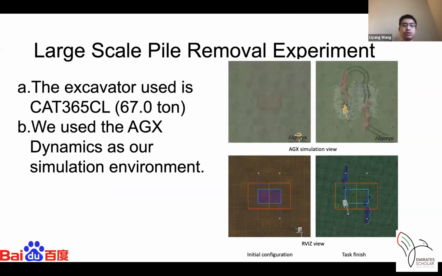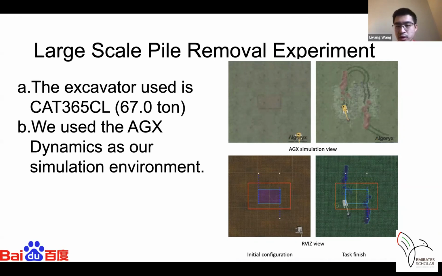And we also did our large-scale pile remove experiment in the simulation environment, because it's very hard to do in the real world currently. The excavator we used is the CAT 365CL model, and the simulation environment we used is AGX, which gives the dynamics of the environment. It also has a model for the soils.